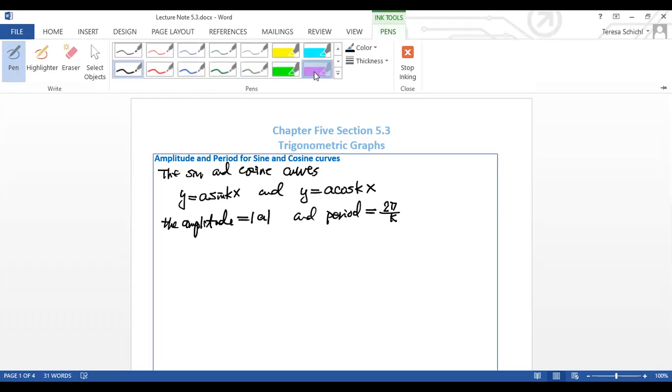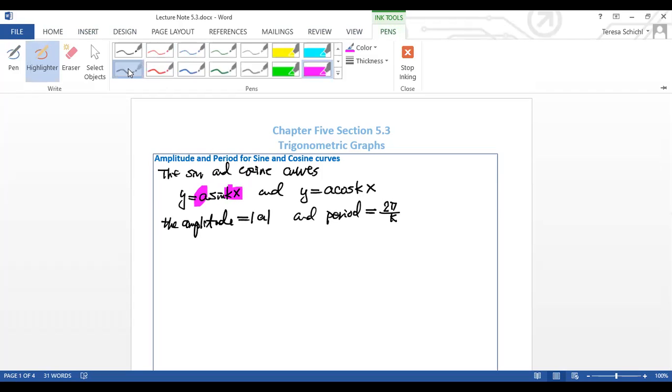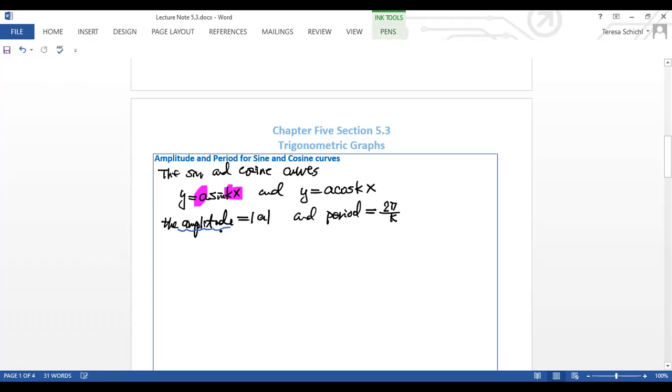For the amplitude, we use a special term, but in the transformation, we call it a vertical stretch or vertical shrink. In trig function terminology, we call it the amplitude, which means how high it will go.